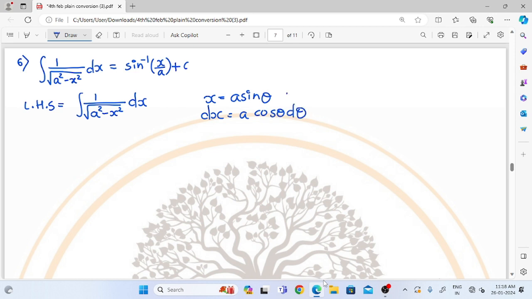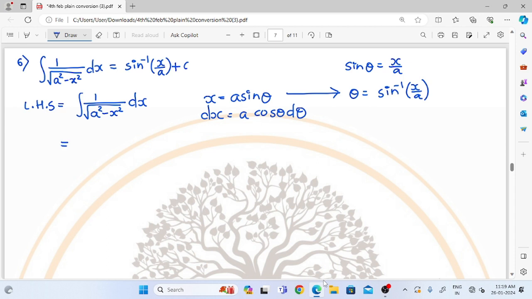And from here we can find out the value of theta also. x is equal to a sine theta, then theta is nothing but sine inverse of x upon a. How? x is equal to a sine theta, so sine theta will be x upon a. If you take the inverse of sine to that side, it becomes sine inverse of x by a.